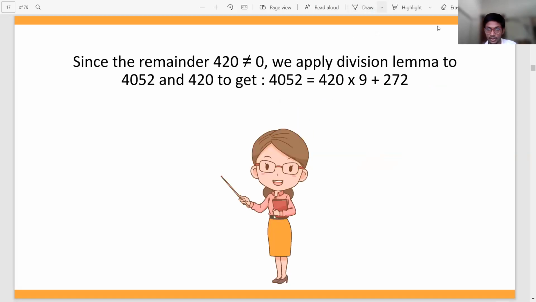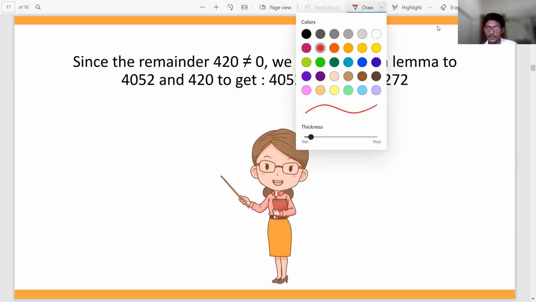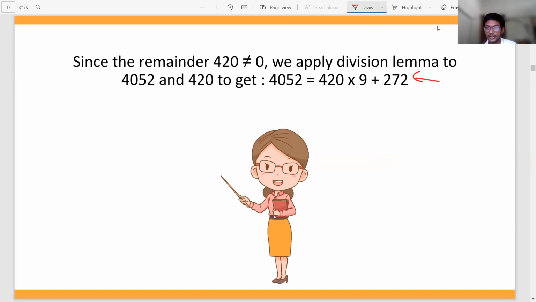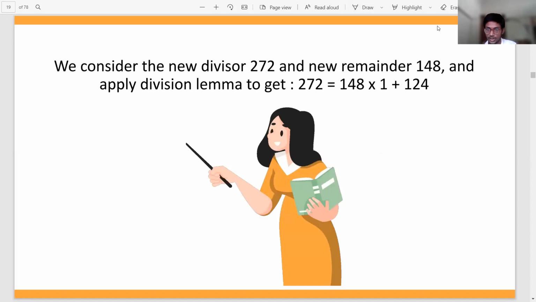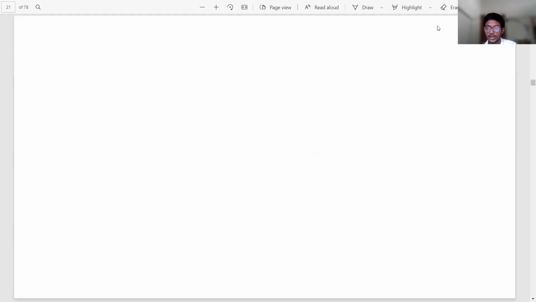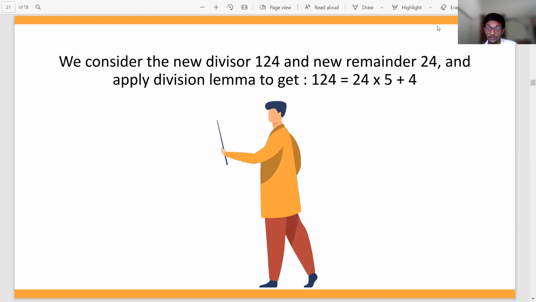Here the remainder is also not 0. The remainder is 272. Again, continuing further, we will get 148, 124, 24, 4.